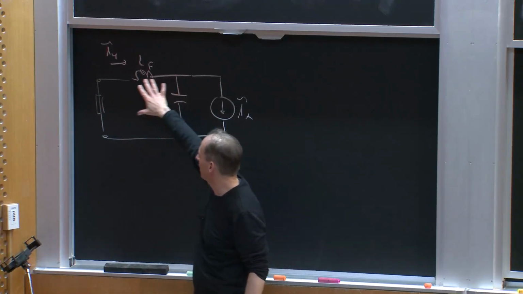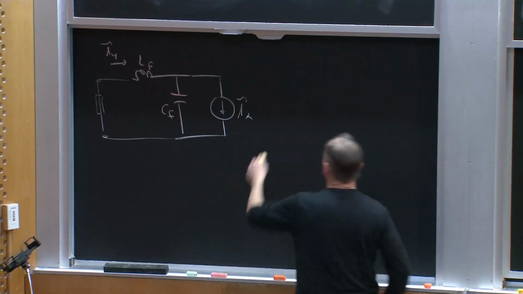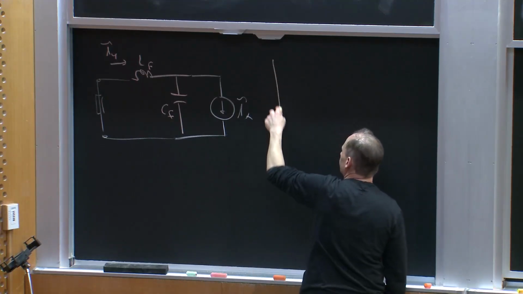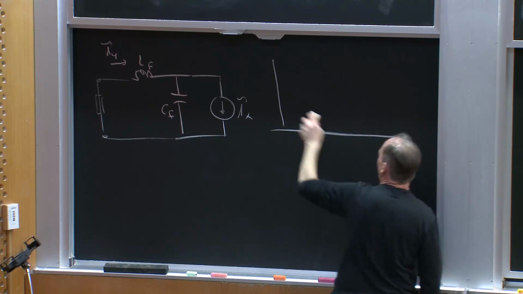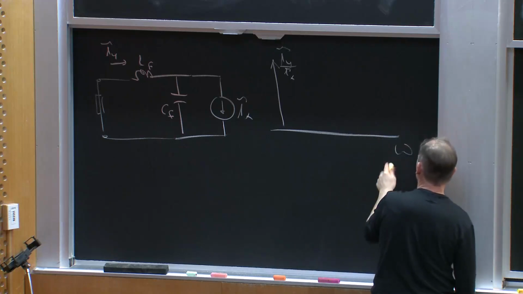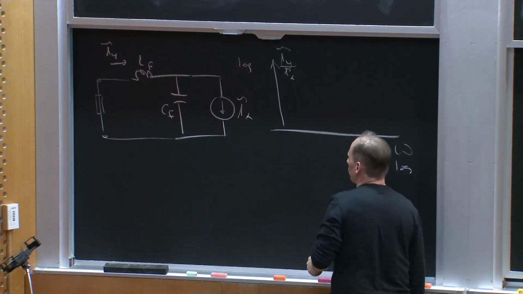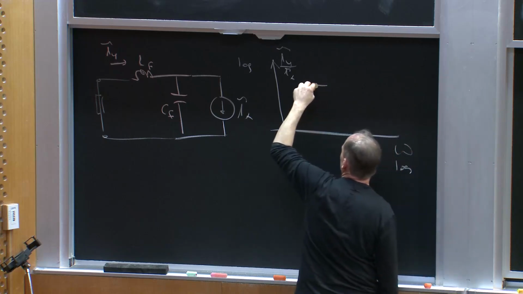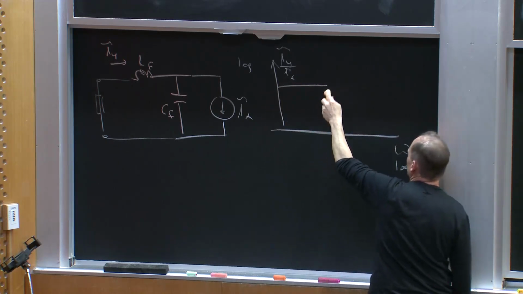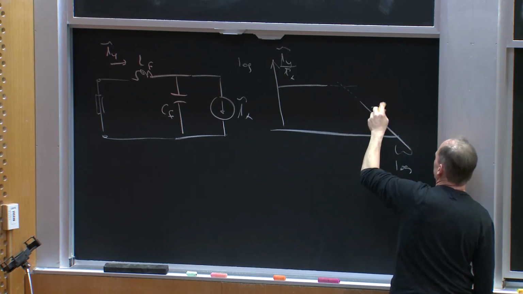So what's going to happen in the vicinity of cutoff? Well, let's think about this. If I plotted IY over IX versus frequency, and this is all on a log scale, I should say, right? What do we say was going to happen? At low frequency, I'm going to get a transfer function of 1, and at high frequency, I'm going to go minus 40 dB per decade.